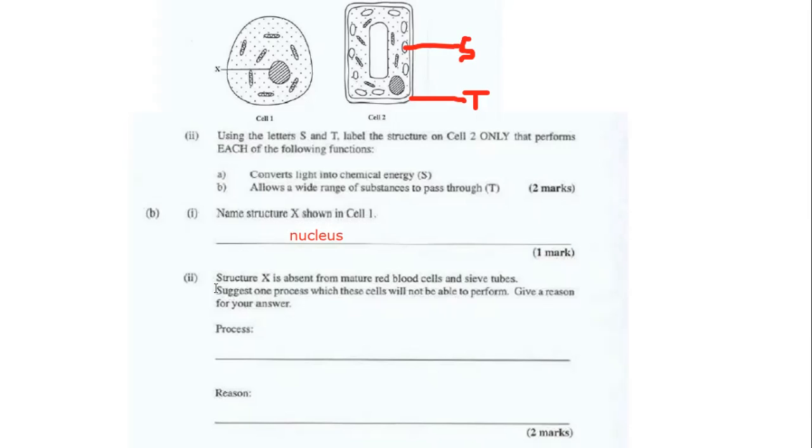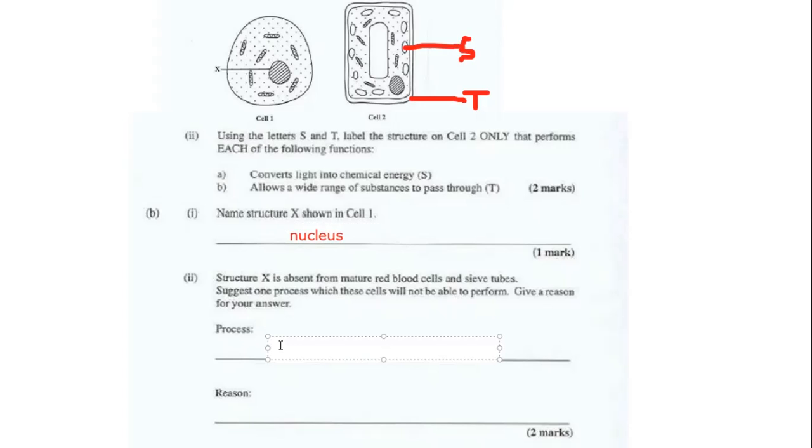All right. Structure X is absent from mature red blood cells and sieve tubes. So there's one process which these cells will not be able to perform. Give a reason for your answer. It's mitosis. Mitosis is a form of what? Reproduction, asexual reproduction.